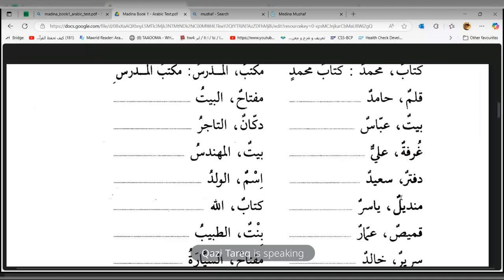Doctor, in the proper noun, the name of the person, the mudaf ilayhi, will it always end with kasratain? It depends. If the noun takes tanween, yes, it will end with kasratain. But if it doesn't take tanween, we just saw some examples where you're not allowed to give it tanween, and you're also not allowed to give it kasra. So for those, it would be fatha.